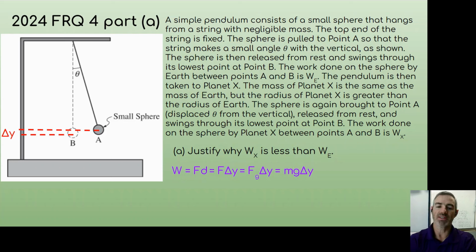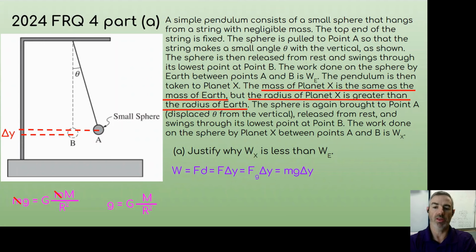So what we can do is set mg equal to the universal law of gravity. The mass values cancel out, and that leaves us with the acceleration due to gravity on a planet depending on a constant, capital G, the mass of the planet, and the radius of the planet. Well, what do we know? The mass of planet X is the same as the mass of Earth, so G would be the same, but the radius is greater than the radius of Earth.